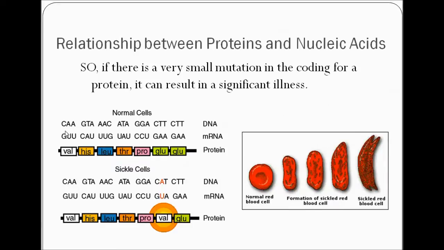Here's an example. So here we have the coding, CAA, CTA, matches up with these, and then that codes for valine, histidine, and leucine, and it goes on across here, right? Those are the amino acids building the protein. A normal blood cell looks like this, like a little pillow-shaped thing. Well, if one is wrong right here, you see this? Instead of T and A, it's A and U. And it makes valine instead of glutamic acid, I think that is, GLU.